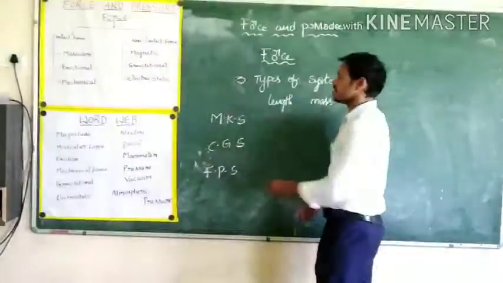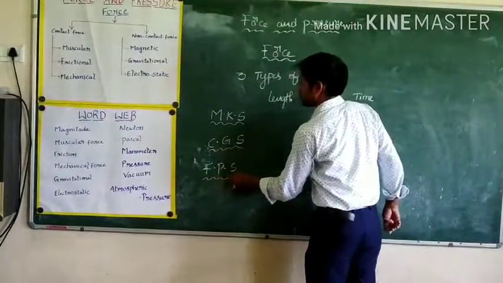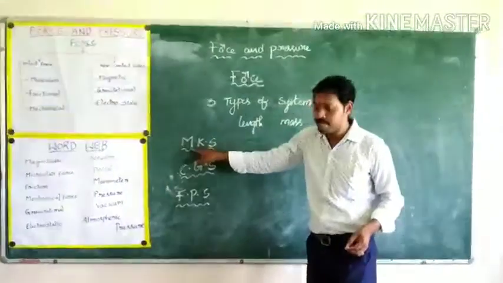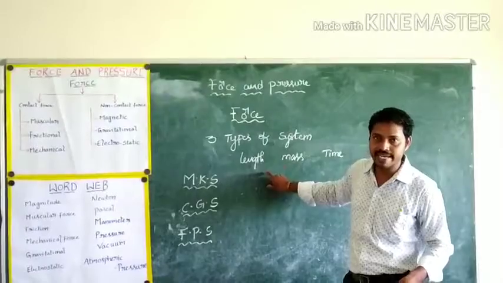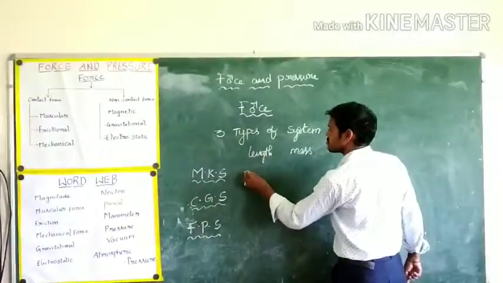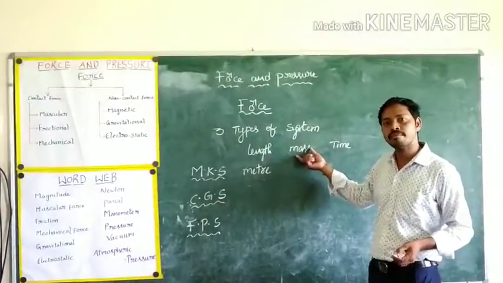So, in MKS system, what is the unit for length? Here M means meter. The unit for length is meter, in MKS system. What is the unit for mass?